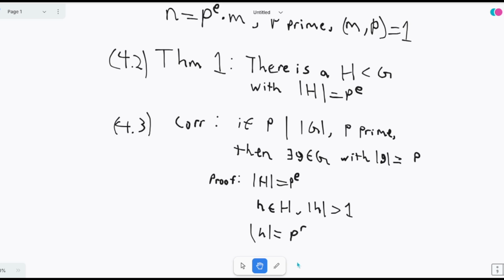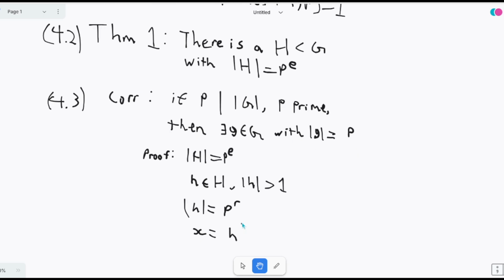And then we just have to let x equal h to the p to the r minus 1.